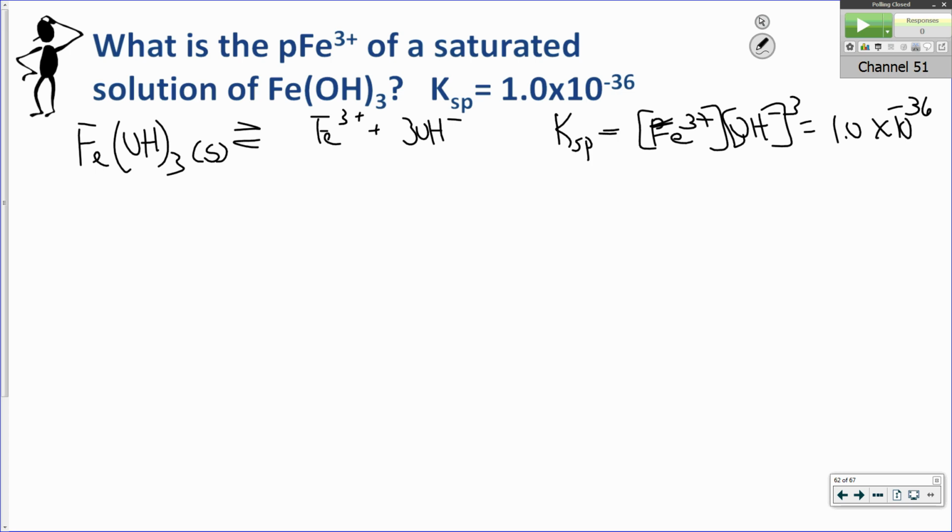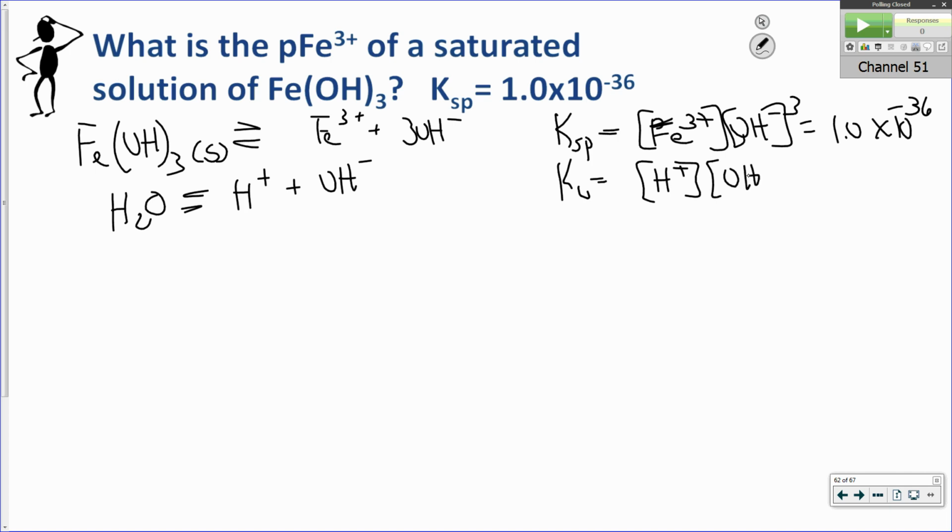Now that's the reason we like scientific notation. You don't want to write out 36 zeros. Alright, so I've got a Kw expression: Kw equals H plus times OH minus, and we know its value is 1.0 times 10 to the minus 14. Okay, so the number of unknowns that I have in this are 1, 2, 3.